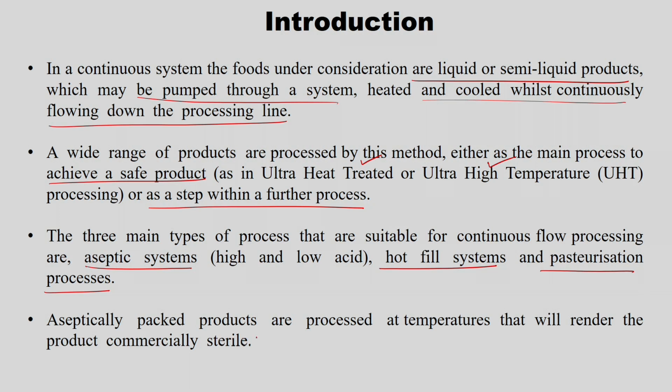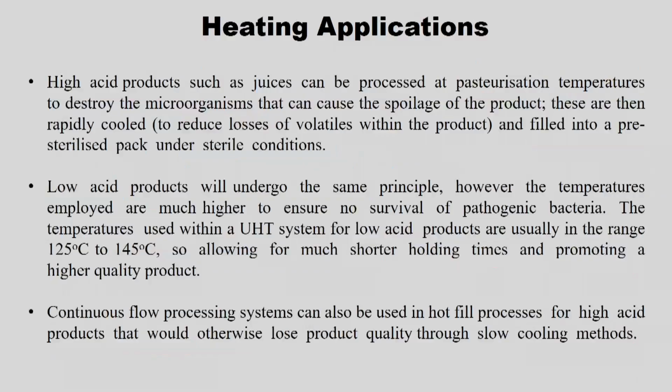Aseptically packed products are processed at temperatures that will render the product commercially sterile. So, aseptic processing we have already seen in maybe 3 lectures, I guess. Then heating applications, this also we have discussed. If it is a high acid product such as juice, it can be processed at pasteurization temperature to destroy the microorganisms that can cause the spoilage of the product.